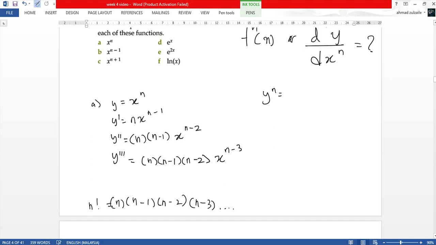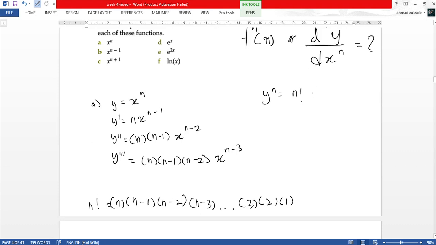You subtract 1 for each next term, down to 3, 2, and 1. So you have n factorial here. Usually we take only the highest term. Which one is the biggest, n or n minus 1? n is the biggest. So therefore you have this n factorial.